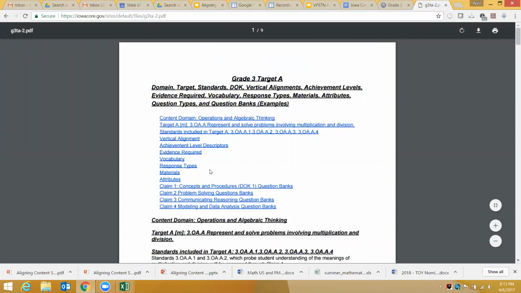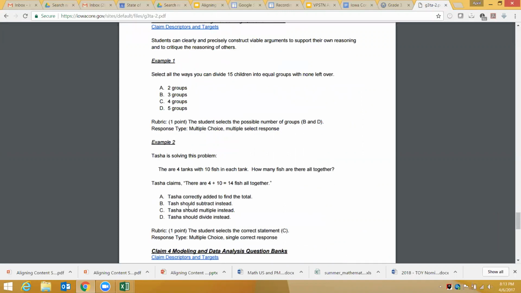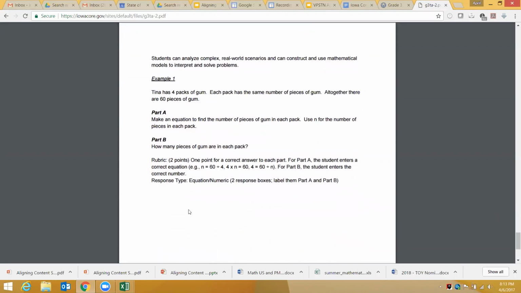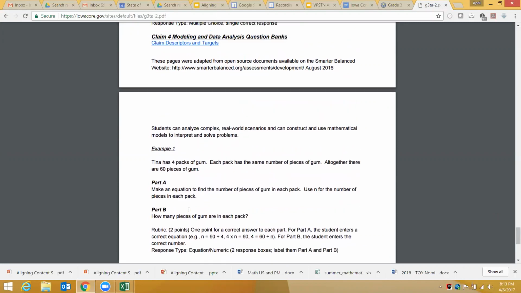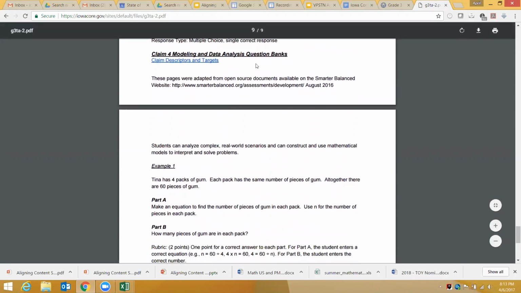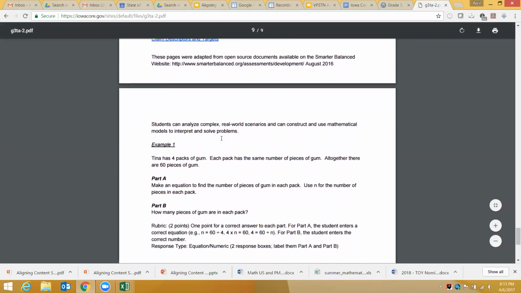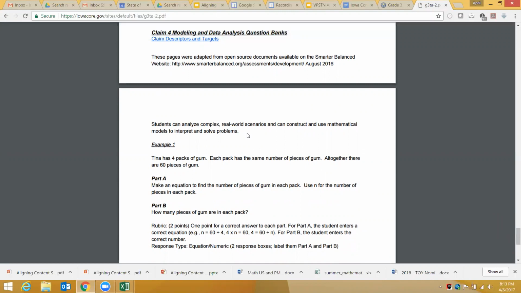And so up here, we're going to use our table of contents to jump right down to claim 4. And we'll scroll a little bit. And so we can see that here is a claim 4 question for modeling and data analysis for 3rd grade. And it says right here that students can analyze complex real-world scenarios and can construct and use mathematical models to interpret and solve problems.